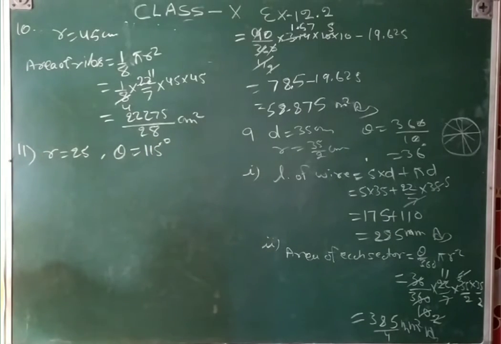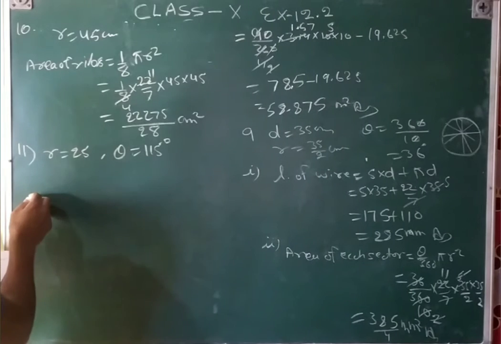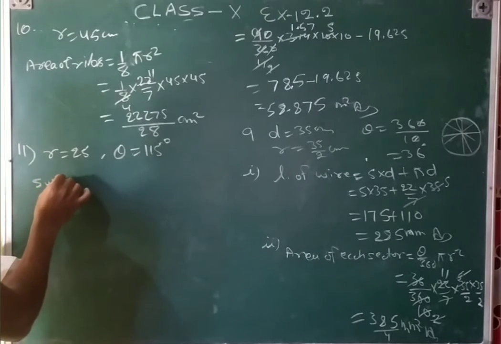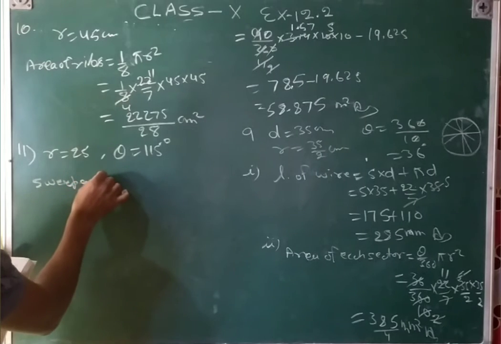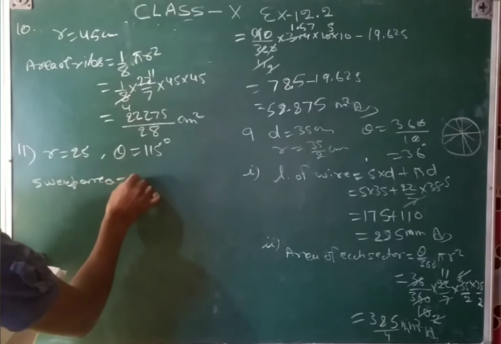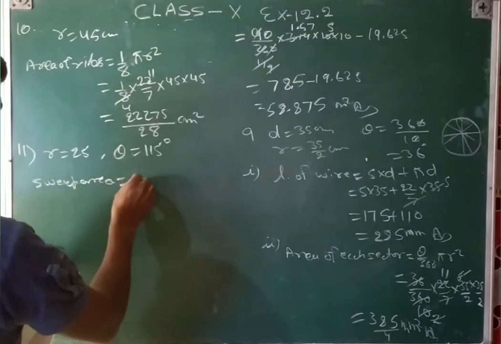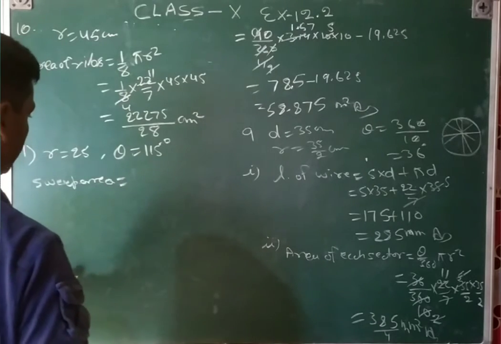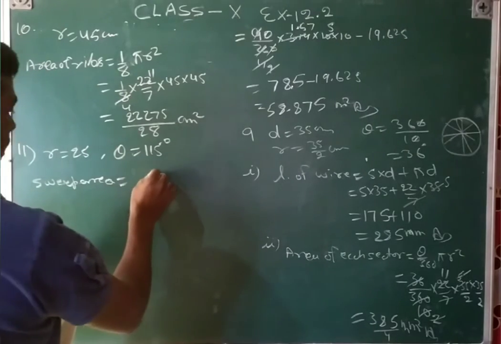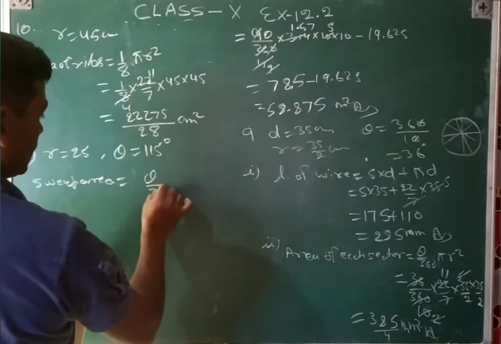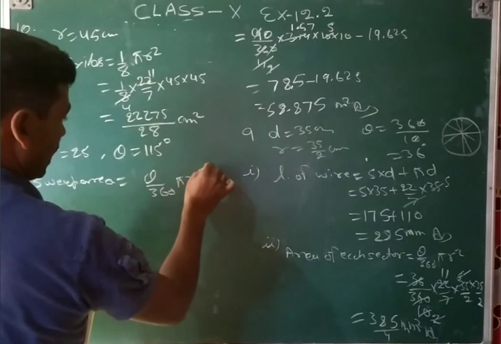Find the total area cleaned at each sweep of the blade. So swept area is equal to theta upon 360 pi r square.